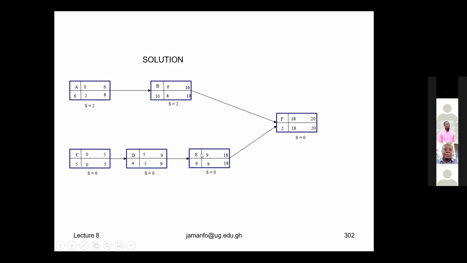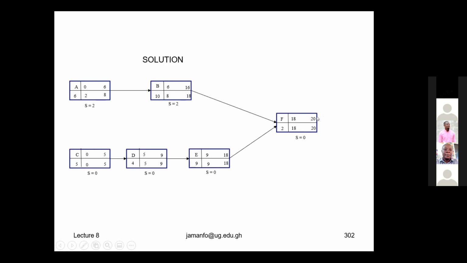E is also a critical activity, correct? So 9 plus 9 will be what? 18. F is a critical activity, correct? And the duration is 2. So that brings us to 20. That's how we have the 20.